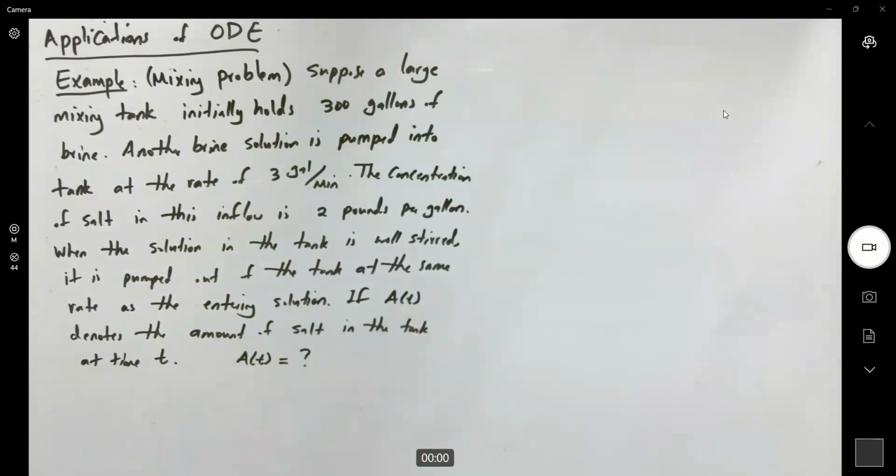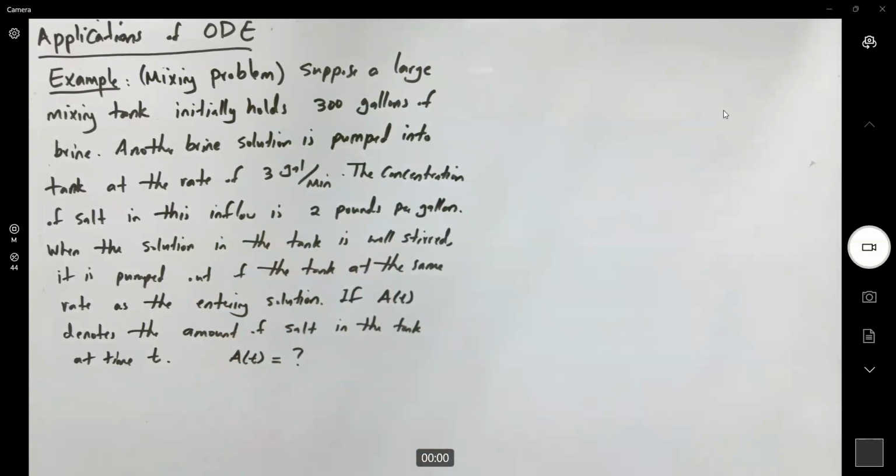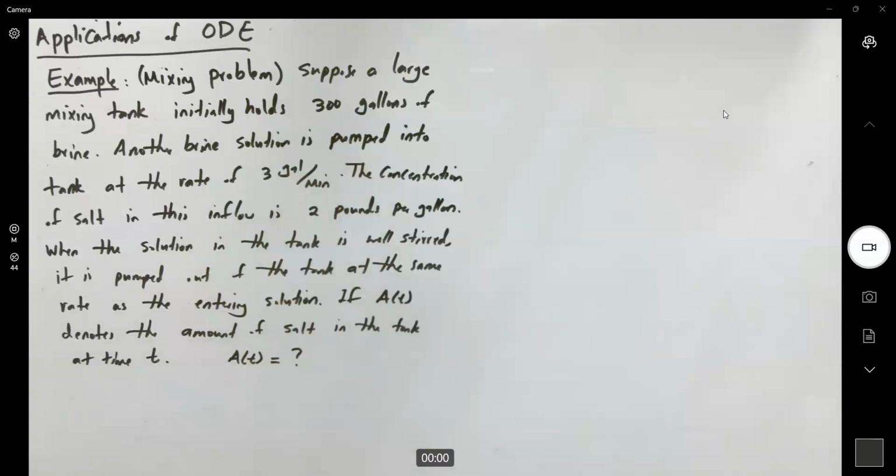Very well. So what we can do here, we can use the differential equation to set this up. But how? The rate of change of the amount of salt in the tank with respect to time can be formulated as the input rate of salt minus the output rate of salt.